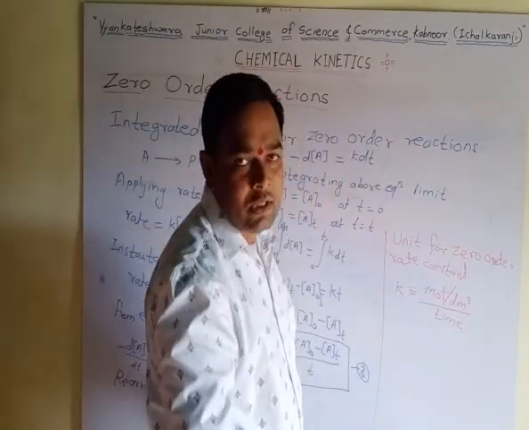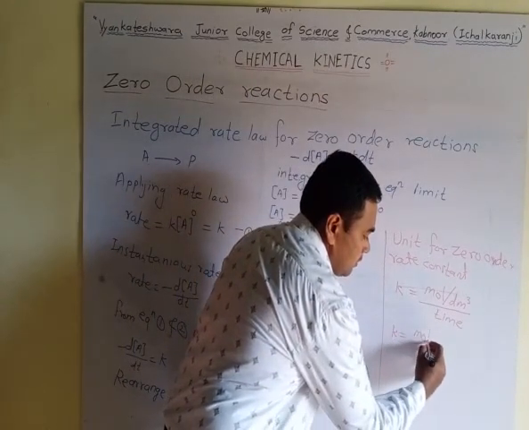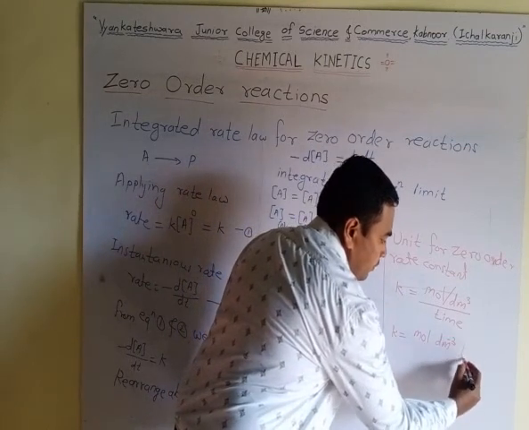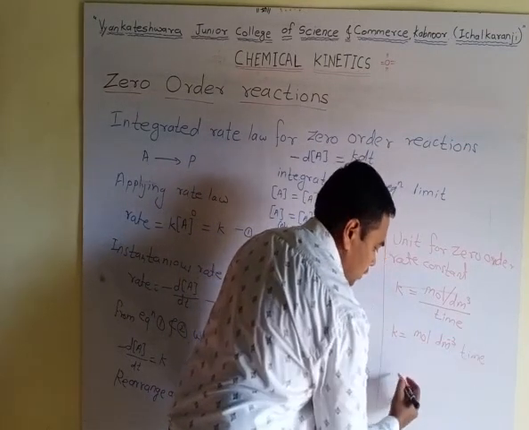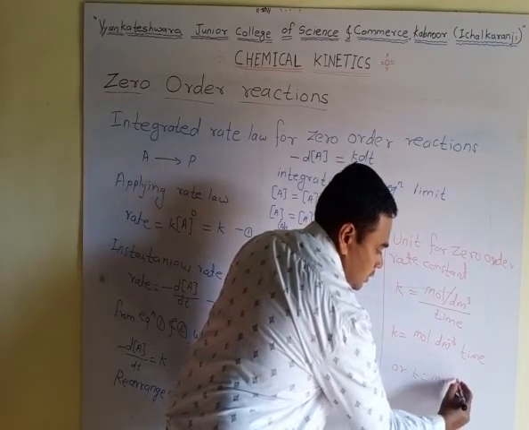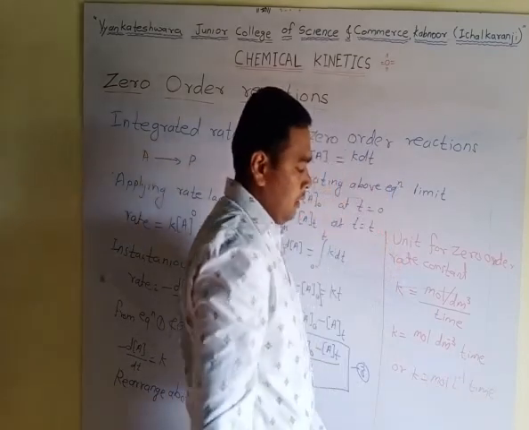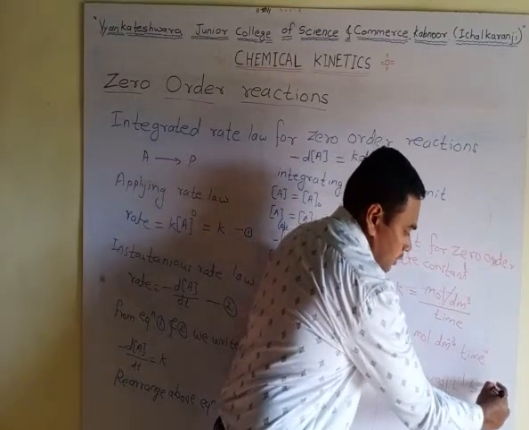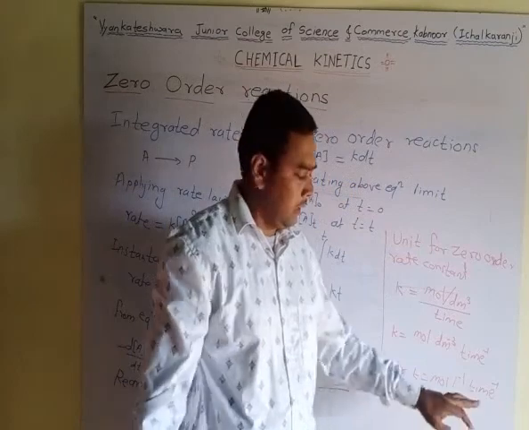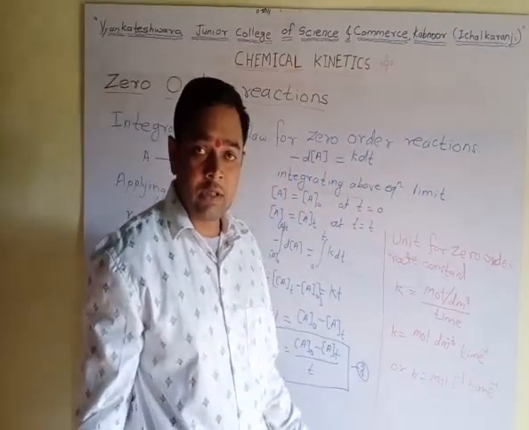Therefore, this equation can also be represented as K equal to moles per dm cube per time, or K equal to moles per liter per time. This time may be expressed in terms of seconds, minutes, hours, days, weeks, months, etc.